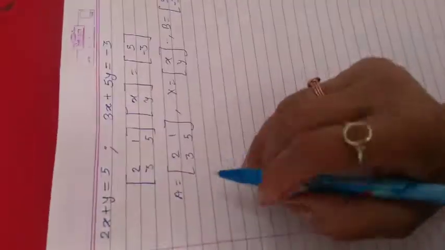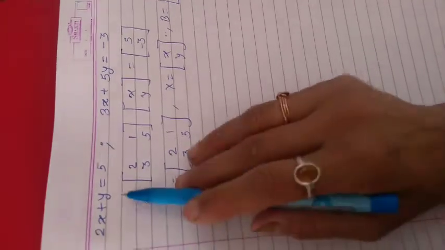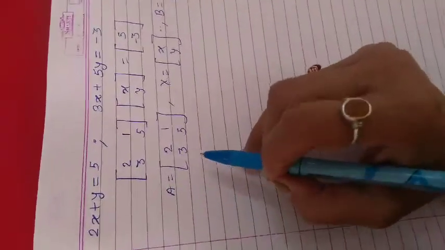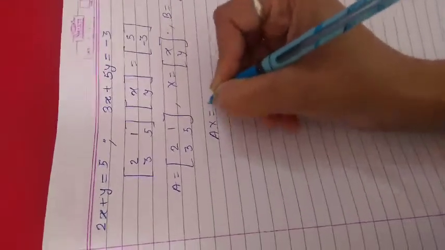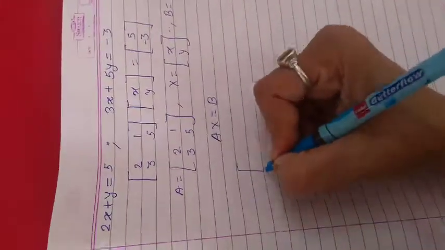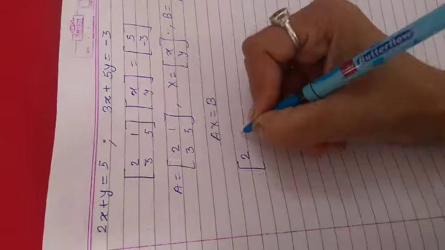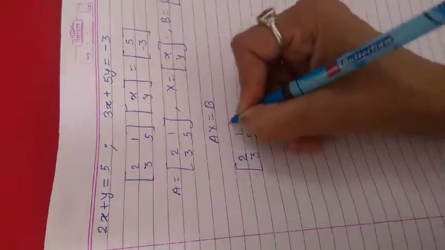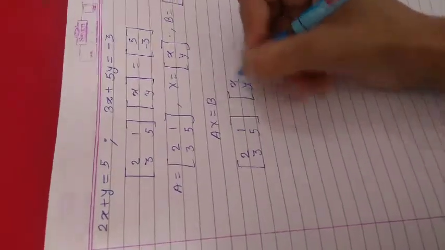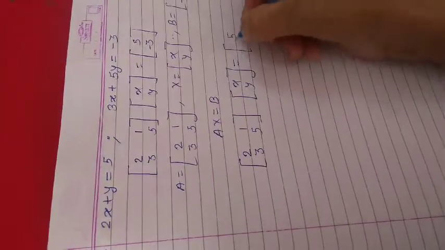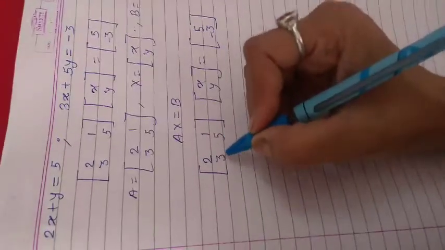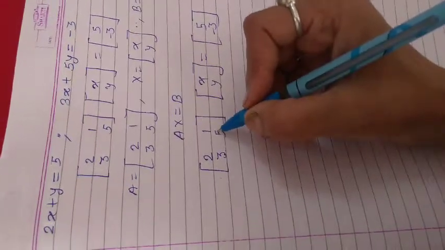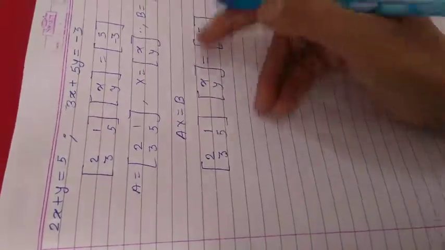Now for finding the values of x and y in the reduction method, we write A is [2 1; 3 5], [x; y] and [5; -3]. Here we will make any one variable 0 and we'll get the value.